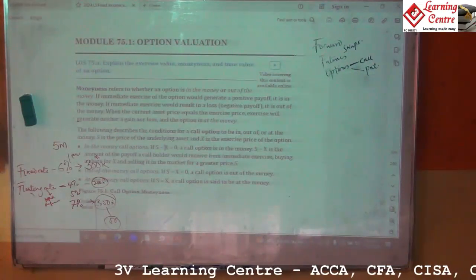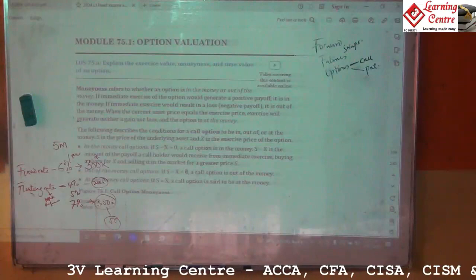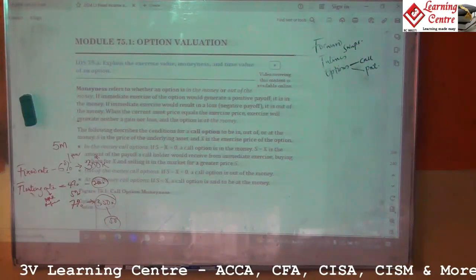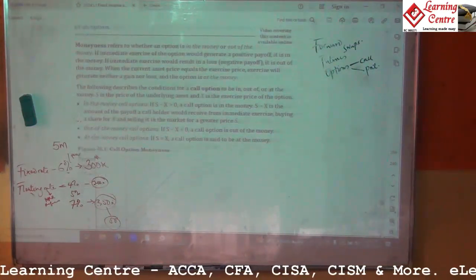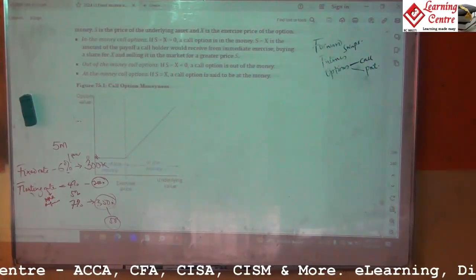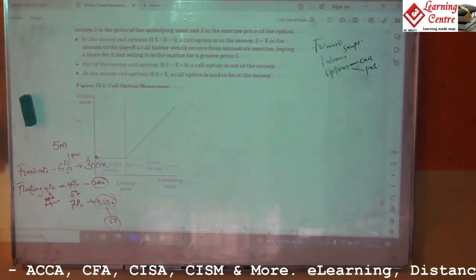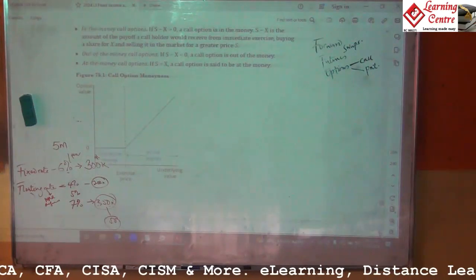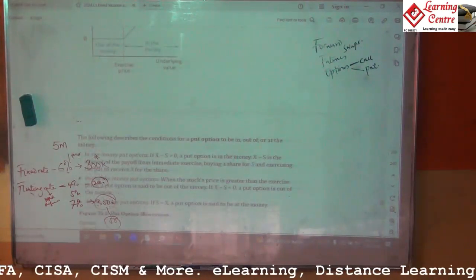So that's what this is saying. And then out of the money is the same thing. So it's just giving an English name for what we have said, moneyness. We've spoken about this before.